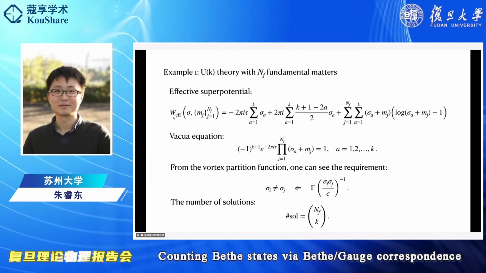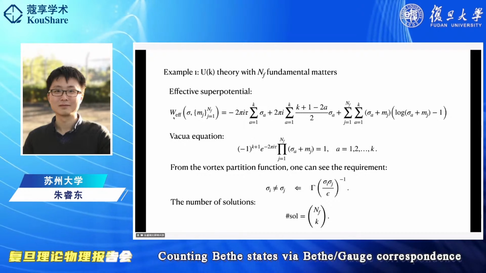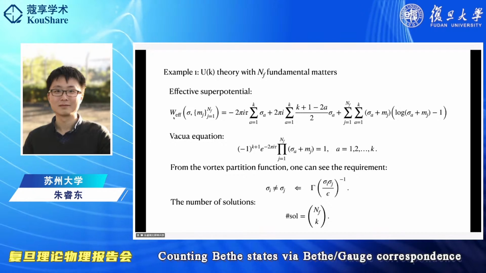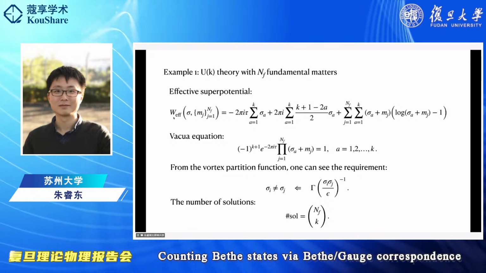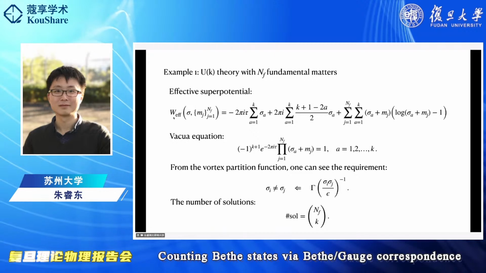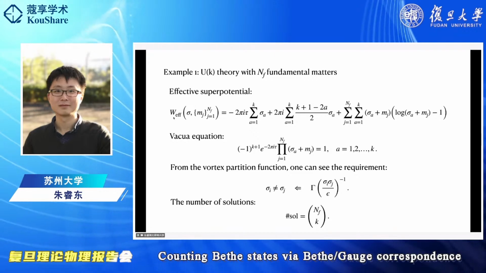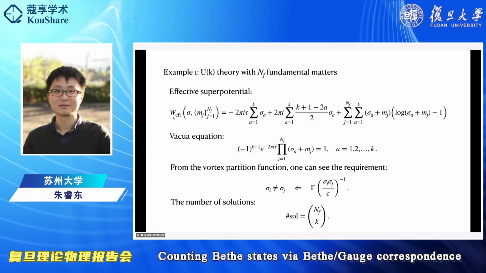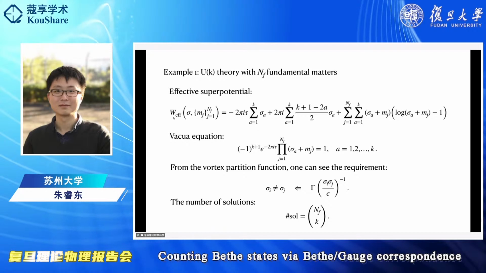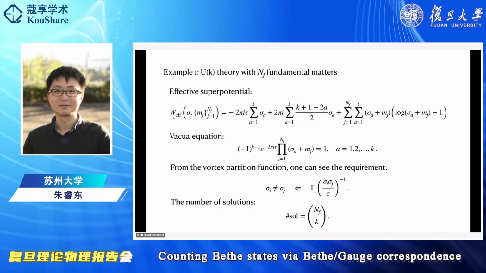So we see there's a hidden requirement that sigma_i cannot be equal to sigma_j. So in the end, the number of independent solutions of this vacuum is NF choose K. That's how we count the number of vacua in the system.